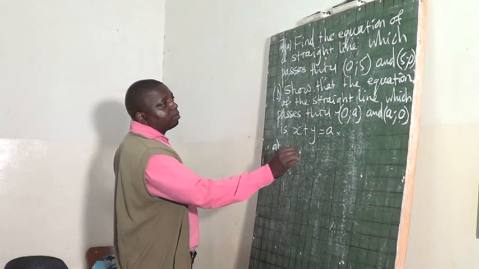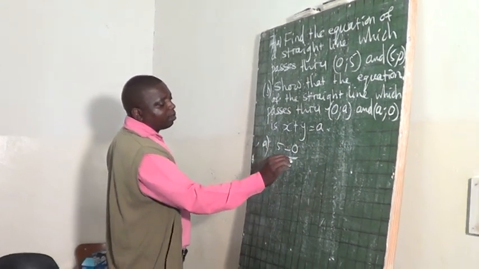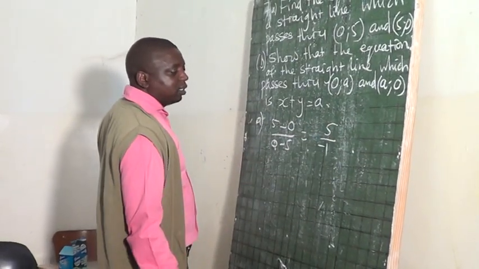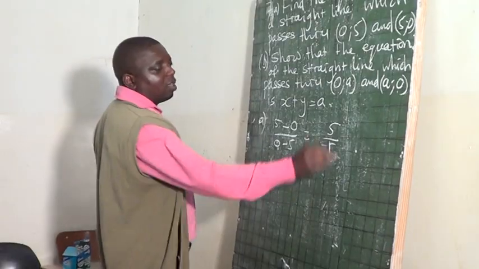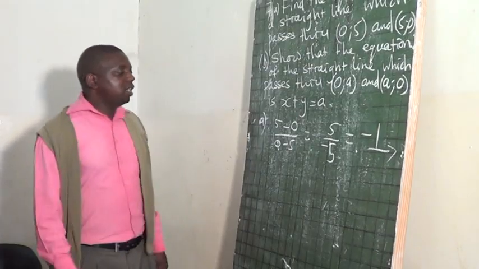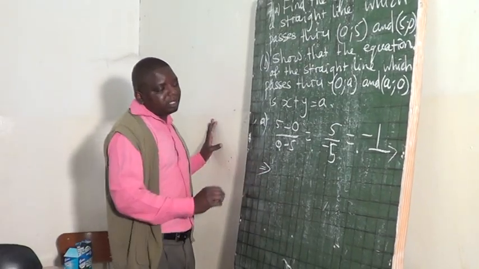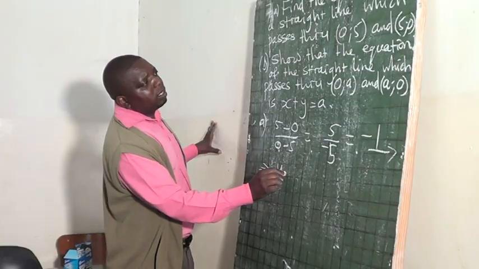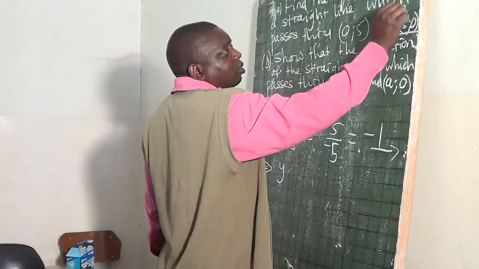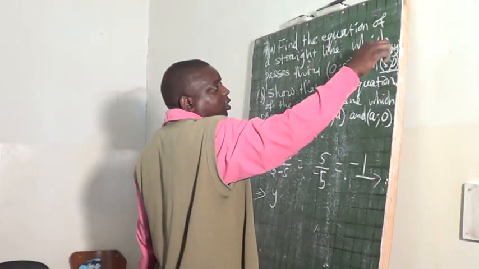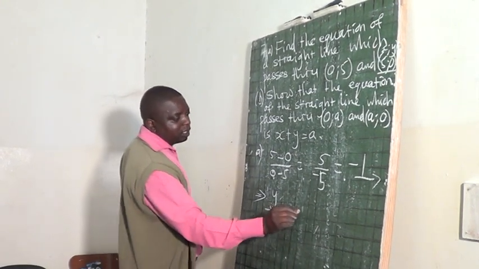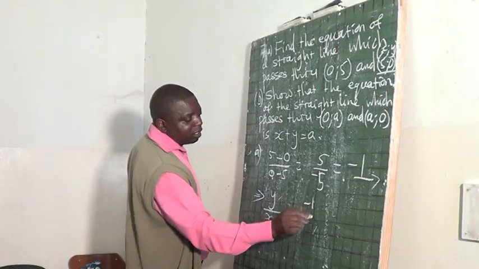The gradient is 5 minus 0 over 0 minus 5, which is 5 over minus 5, which is minus 1. Using the gradient and a point, y minus 0 is y, over x minus 5, equal to minus 1.